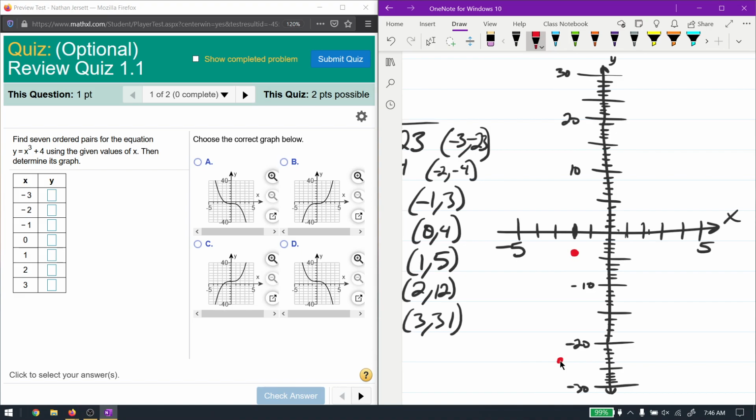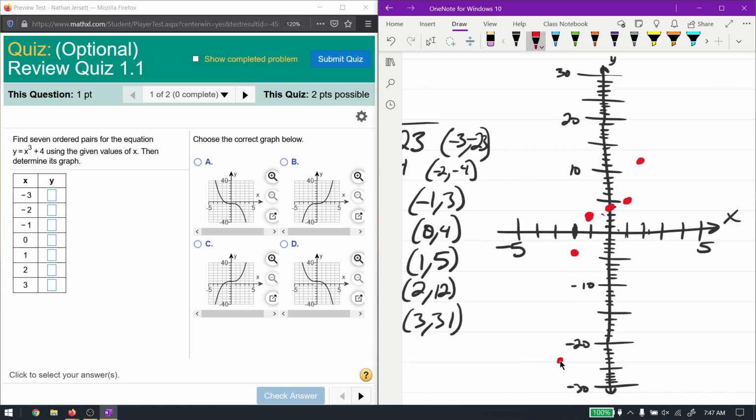So go left to -1 and then up to positive 3. Then we have 0, 4, so don't go left or right at all, and then go up to 4. It's going to be right on the y-axis. Then we have 1, 5. Then we have 2, 12, so right to 2, up to 12.